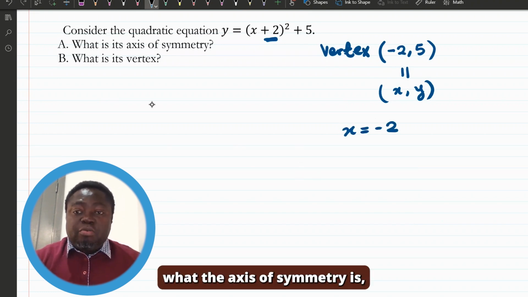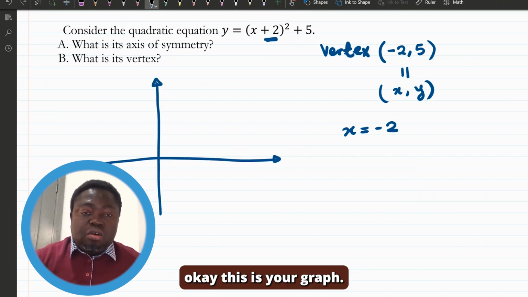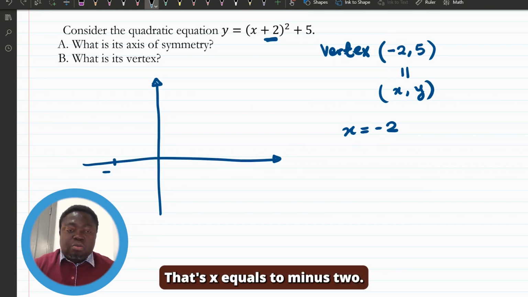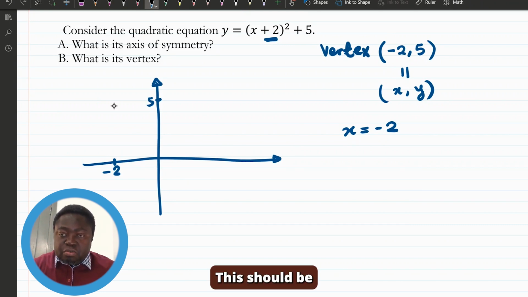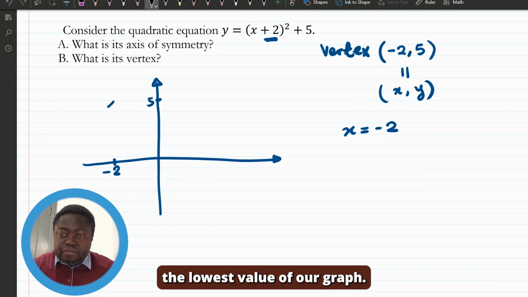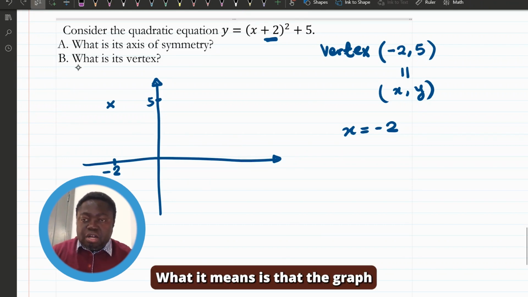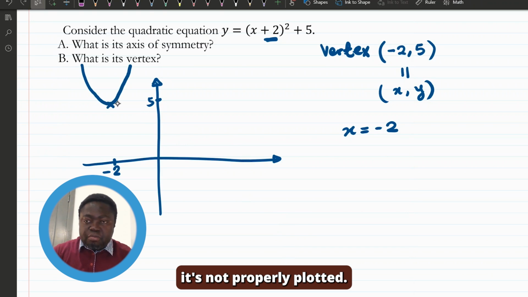If you're wondering what the axis of symmetry is, okay, this is your graph. X is -2, that's x equals -2. We know the vertex is at -2 and 5, so let's put 5 here. And this should be the lowest value of our graph. So what it means is that the graph generally looks like this. Okay, I know I've not properly plotted that.